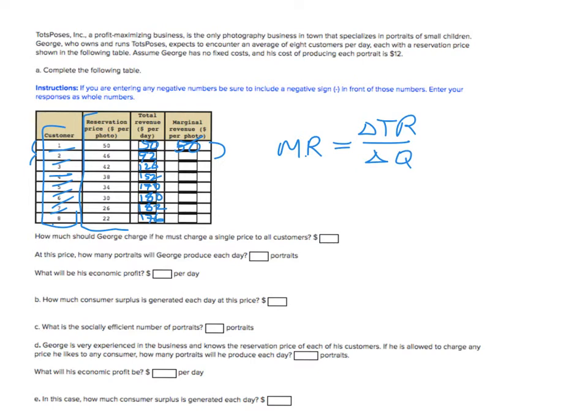So 50 is that first box. Sorry about that. Second box, notice total revenue goes up by 42 from 50 to 92. So 42 is our marginal revenue. 34 is the next jump. 26 is the difference between 152 and 126. 18, 12.